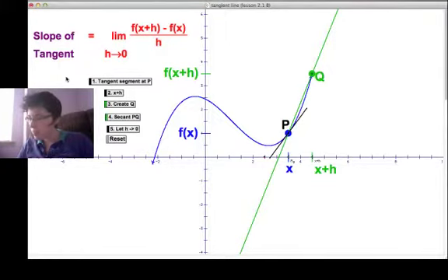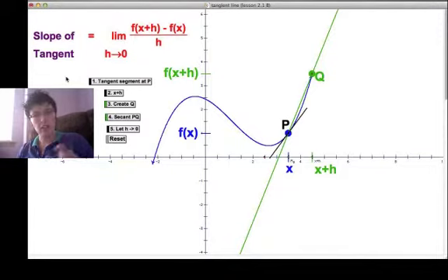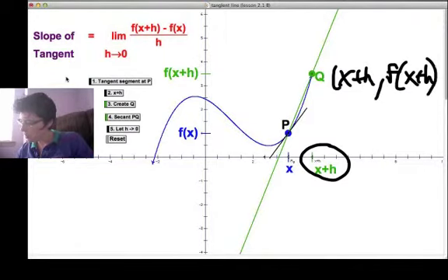And actually, I'm going to write on this graph a little bit here. This point Q that we're looking at, if you really think about where it is on the graph, it's at x plus h. So this is at x plus h, comma, f of x plus h.